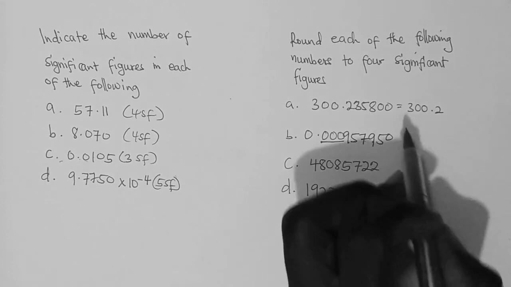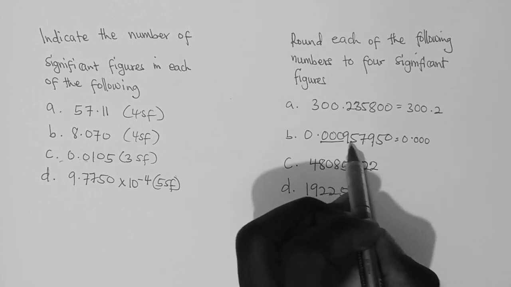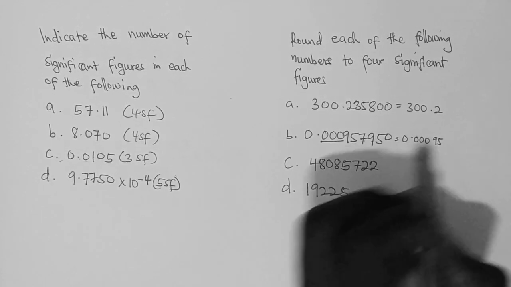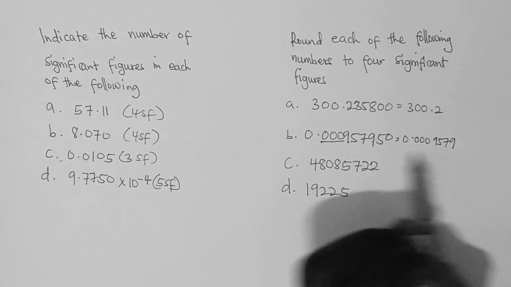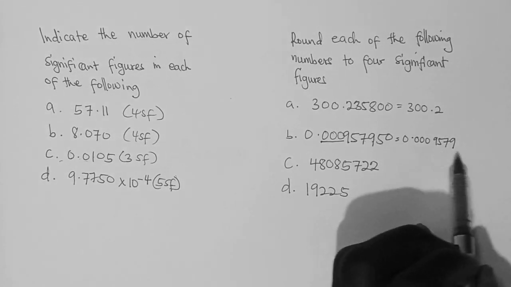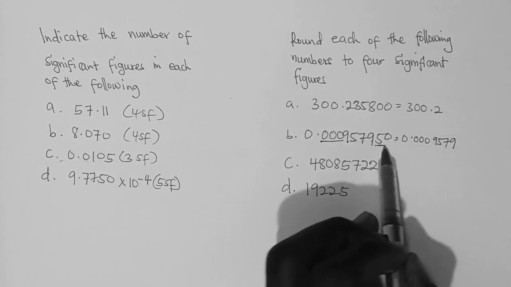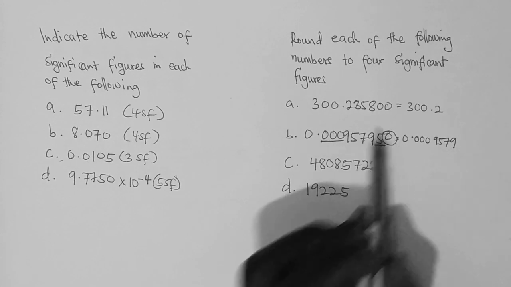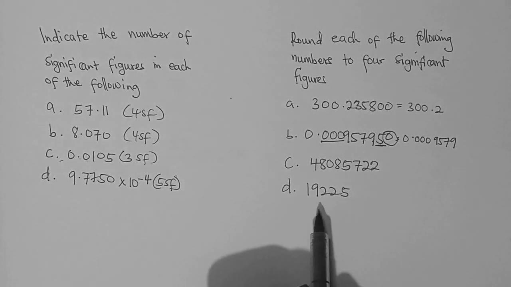So this will become equal to 0.0009579. So that is this number in 4 significant figures. The reason why we didn't add to this 5 is that after the 5 is a 0. It is not a non-zero number, so we cannot consider this 5.